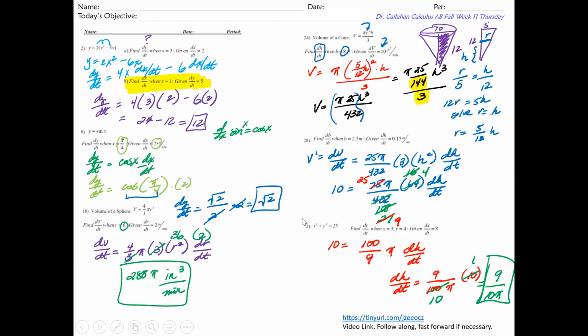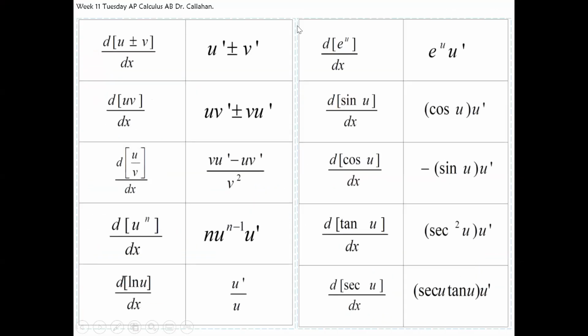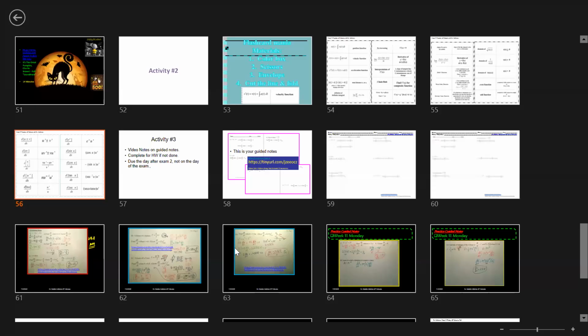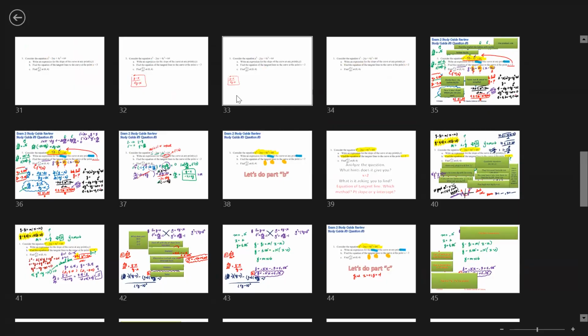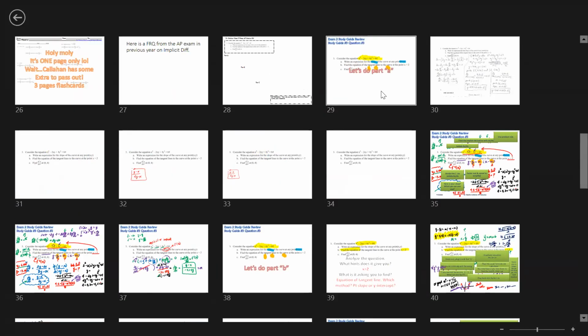Let's go ahead and take a look at the questions for the free response question. Here you have the implicit differentiation. A asks you to write an expression for the slope of the curve at any point for x and y. B asks you to find the equation of the tangent line. And then C, find the second derivative for 0, 4.